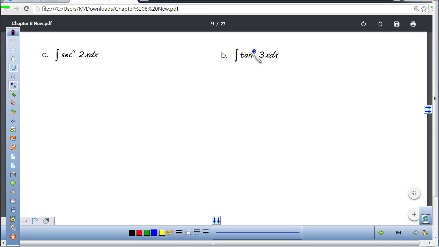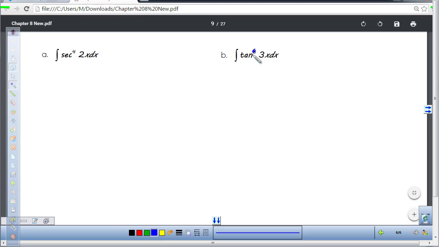Since we've got an even power of tangent, what does it say we should do? In rule number 3, it says what? All right.